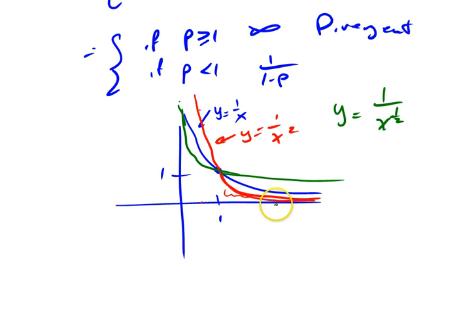If you plug in a 4, you're going to get 1 over 2, so by the time you're out to 4, this is only down at a half, right? 1 over x would be down at a 4th. So with these small values of p, you get it kind of staying away from the horizontal. It does eventually approach that horizontal asymptote, but it does it more slowly, and you get infinite area, where on this side it hugs into the vertical asymptote, and you get finite area inside there.